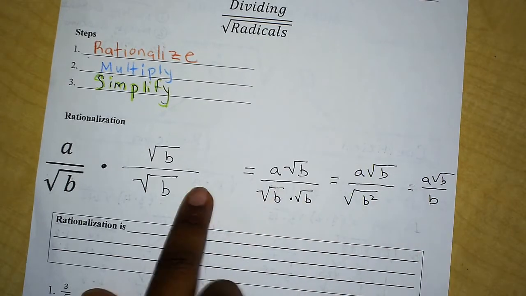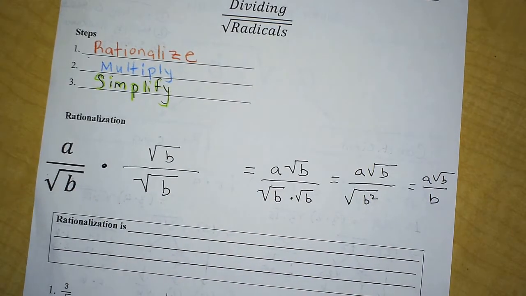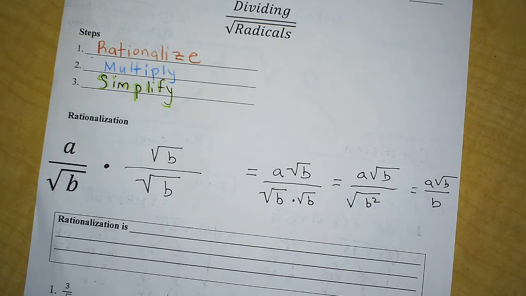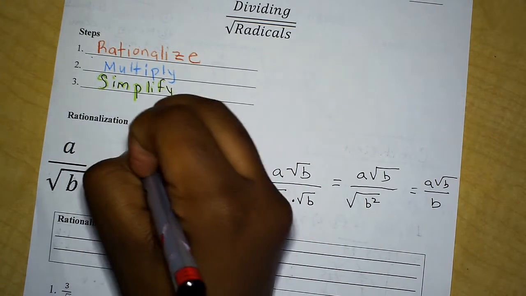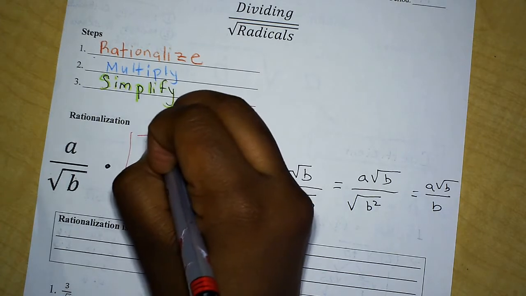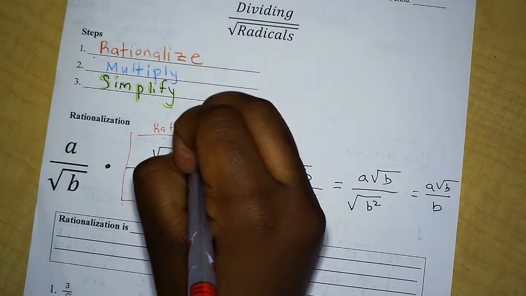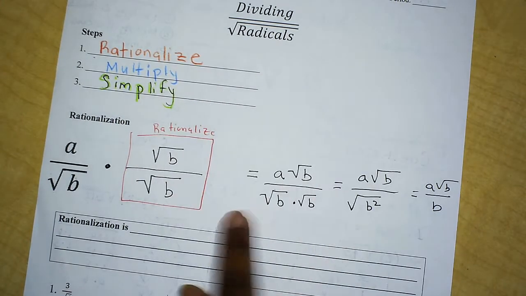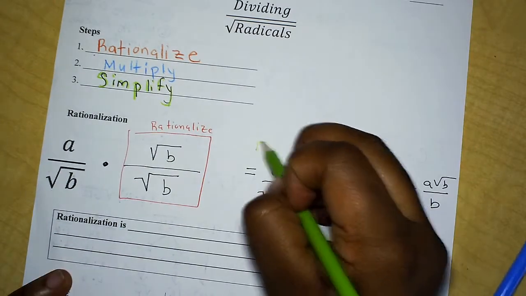And of course, you will get that pattern as we go through some practice problems. But rationalizing is basically this step here. This is rationalizing. And then the rest of this is simplifying.